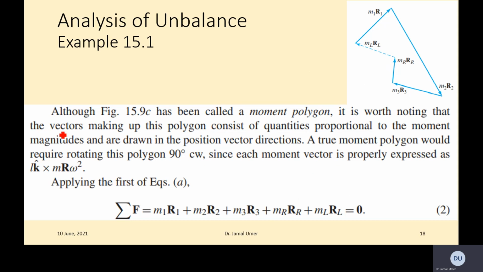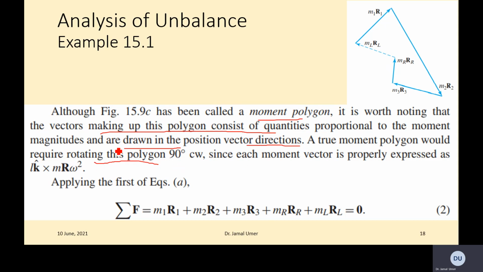Now the next. So also the figure 1.5 is called a moment polygon. It is worth noting that the vectors making up this polygon consist of quantities proportional to the moment magnitude and are drawn in the position vector direction. A true moment polygon would require rotating this polygon 90 degrees.